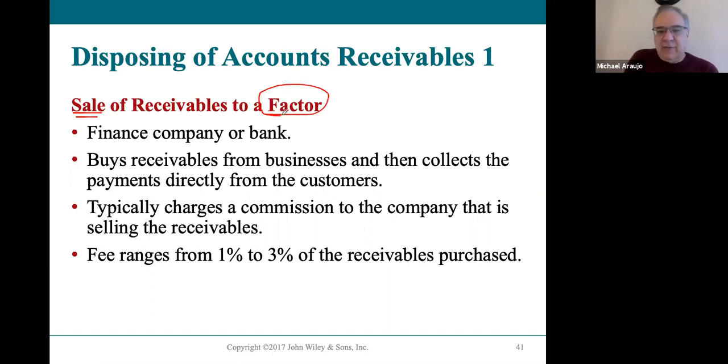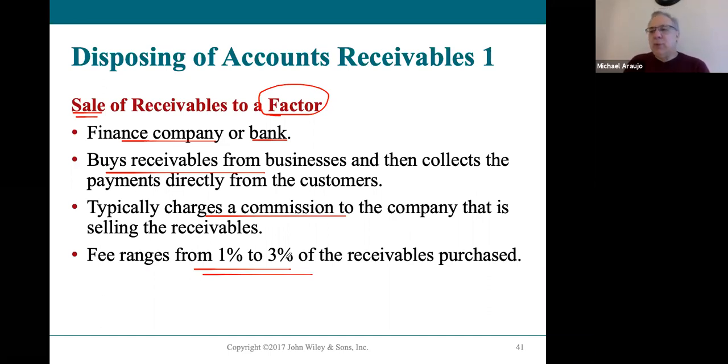And a factor is a finance company or a bank that specializes in collection of receivables. So they technically buy the receivables from the businesses, but they charge a commission. So the companies get the cash, but they have to pay a commission. So in other words, they're not getting all of the cash that the receivables are worth. But at least that's one way they can get cash if they need cash.